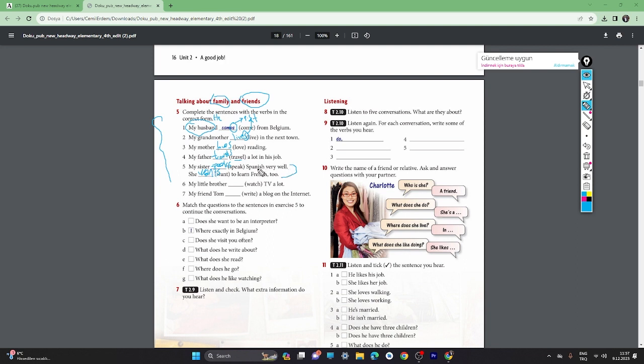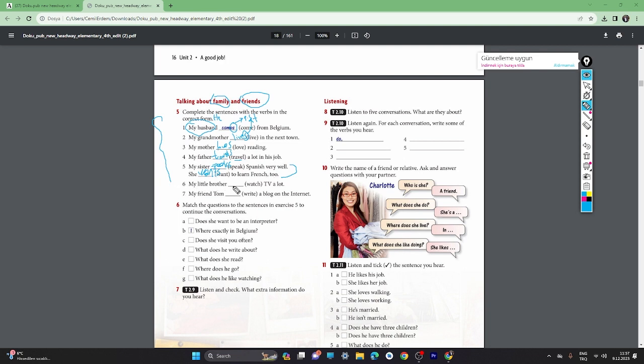If she speaks Spanish very well now, in the future, we expect that this person is going to speak Spanish very well again. So if she wants to learn French now, so in the near future, she wants to learn French again. So, which is generally true. That's why we use present simple tense.